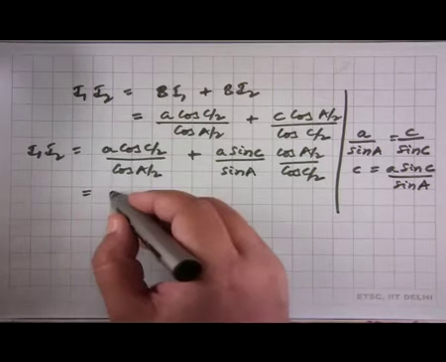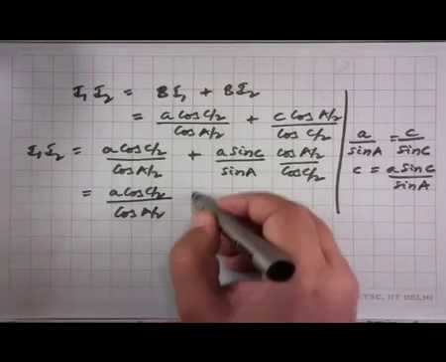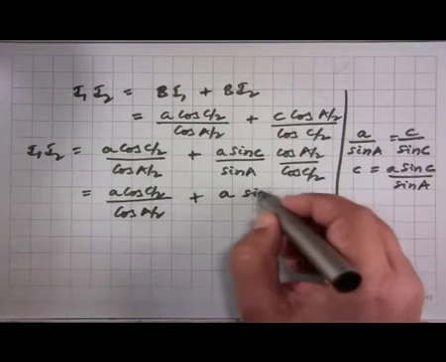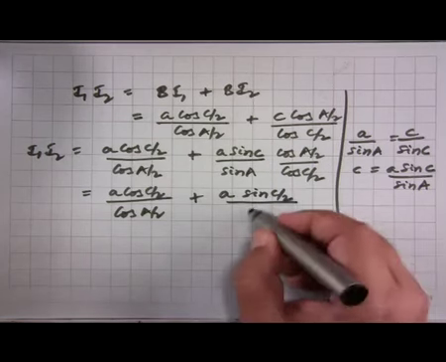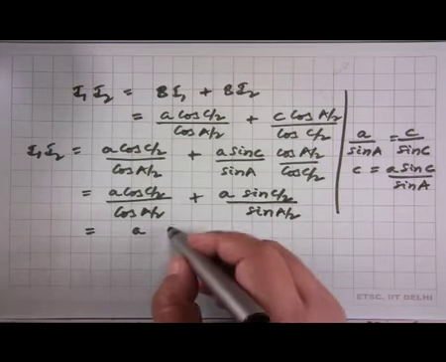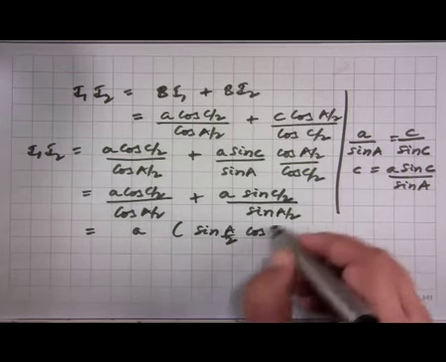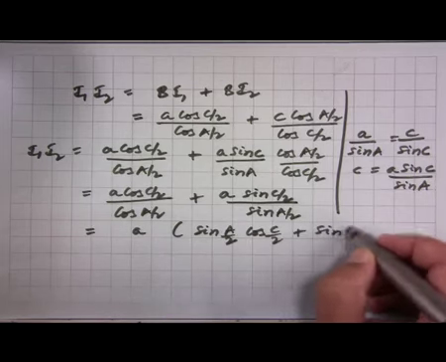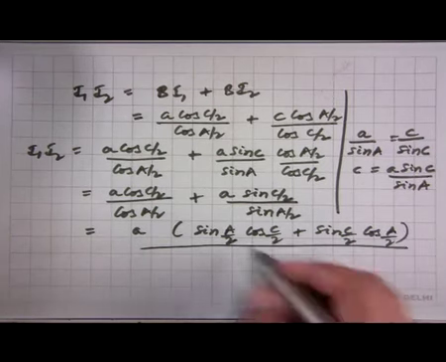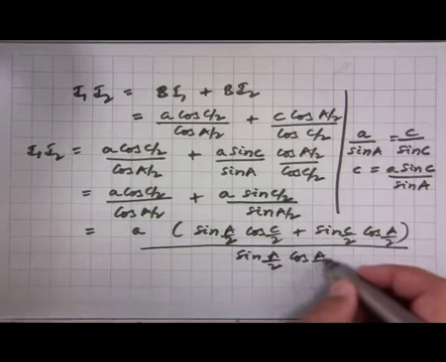What we end up getting is, the first term remains the same and the second term becomes a sin(C/2) over sin(A/2), which is equal to, a is common, times sin(A/2) cos(C/2) plus sin(C/2) cos(A/2) over sin(A/2) cos(A/2).